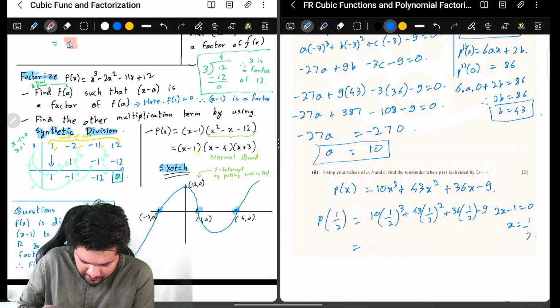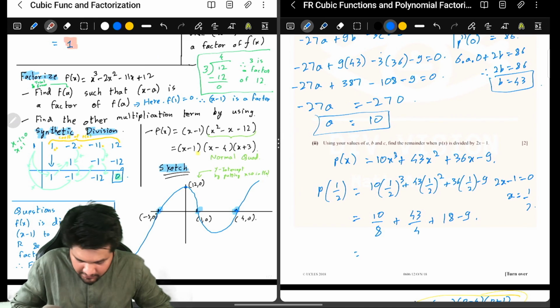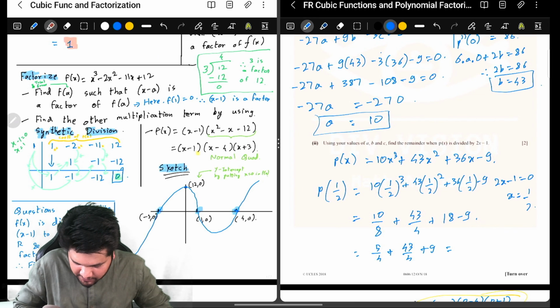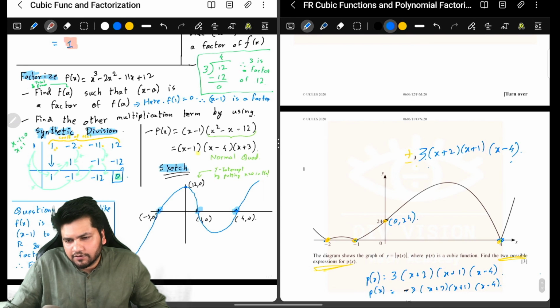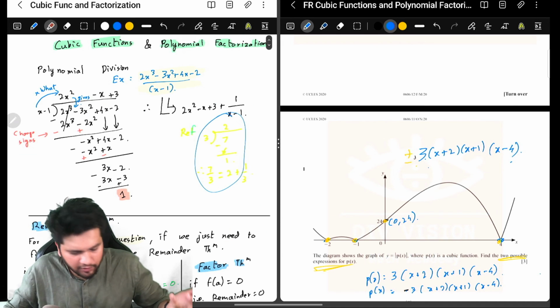The calculations are tough, but you will get 10 by 8 plus 43 by 4 plus 18 minus 9, which at the end is 5 by 4 plus 43 by 4 plus 9, which is 48 by 4, which is 12 plus 9, 21. That's your answer. So that's all you need to do for cubic function and polynomial factorization.